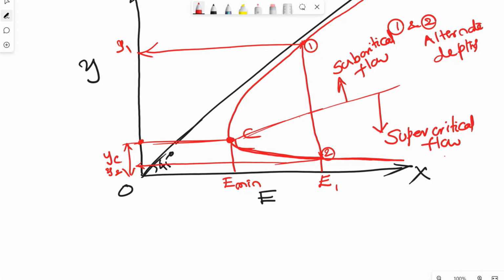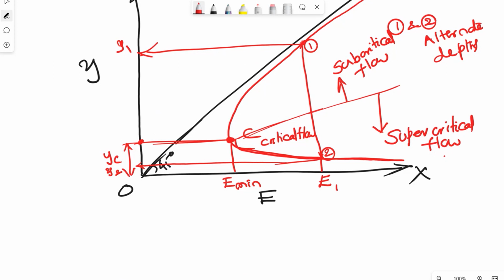That is supercritical. At all the places above critical depth, the depth is more and the velocity is less, therefore it is subcritical. Corresponding to C is critical flow. So the flow can be classified based on the specific energy curve.